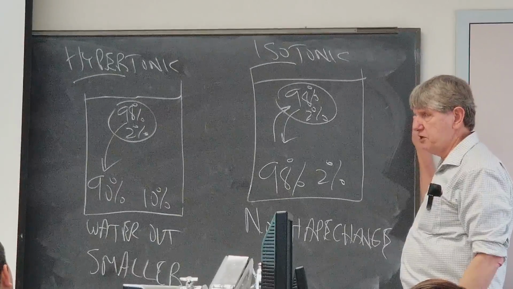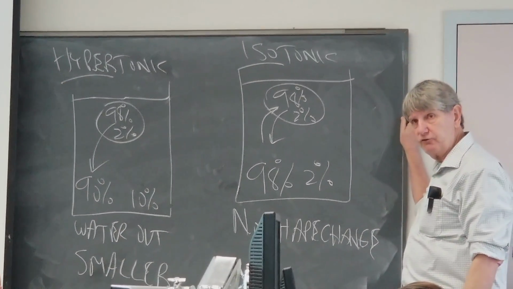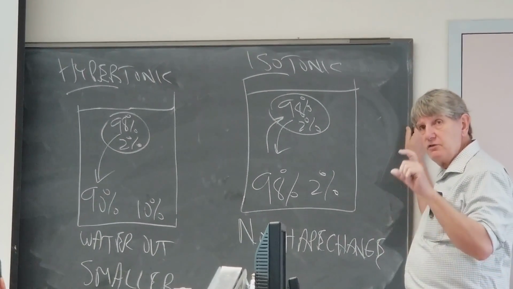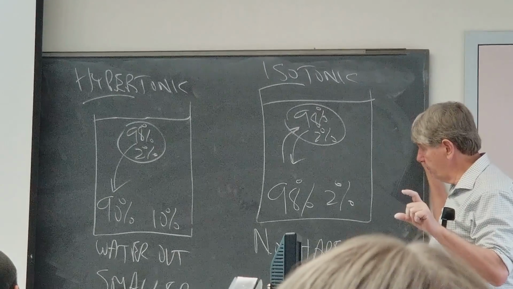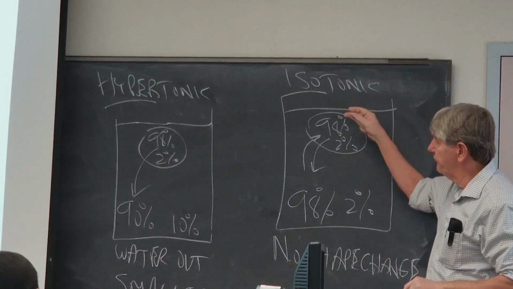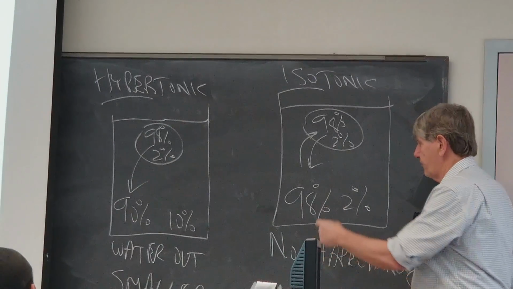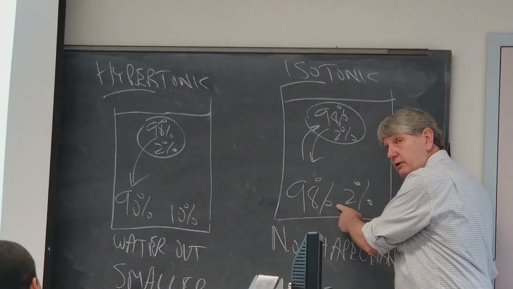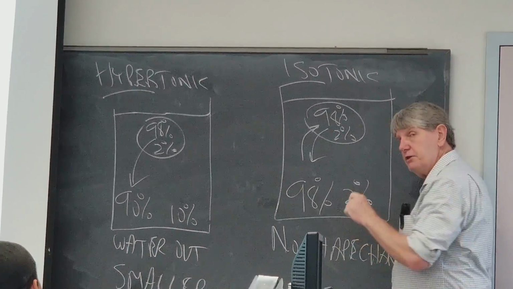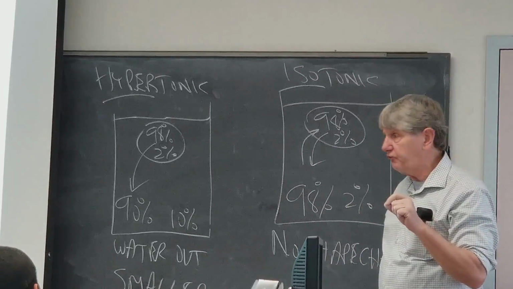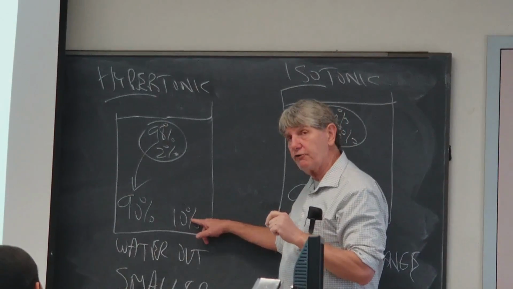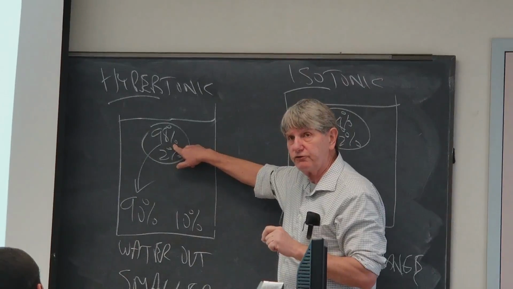So this is the idea of movement of water across the semi-permeable membrane. The important thing here to recognize again is iso, hyper, hypo refer to the solutes out here, outside the cell. And then the other thing to remember is that these solutes, like right here, 10%, they can't move into the cell. They're trapped.